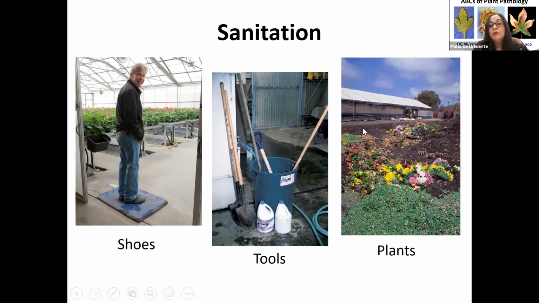I love this picture because people are taking care of accumulating all the debris that they produce in the greenhouse, sometimes just outside of the greenhouse, because they want to compost it and use it.